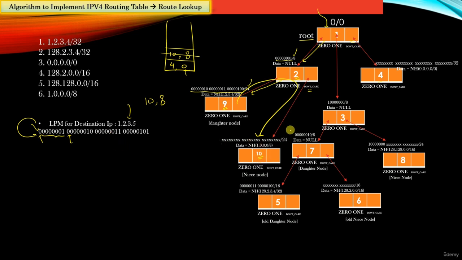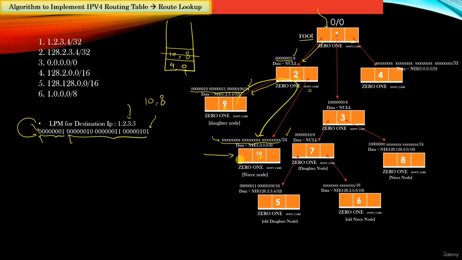Now prefix length of the node number 10 is 24, therefore match the bits of the effective prefix of the node 10 with the 24 bits of the input string and they match. Alright, because the effective prefix of the node 10 is all don't care, therefore node 10 matches. And now after this match, the total number of bits of our input string has been exhausted, therefore we stop our search here at node number 10.